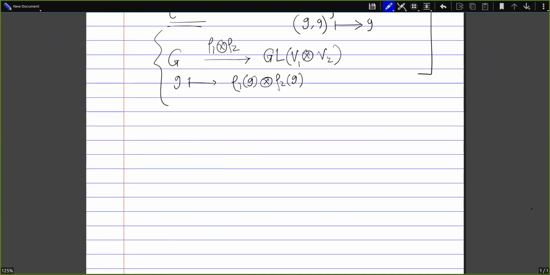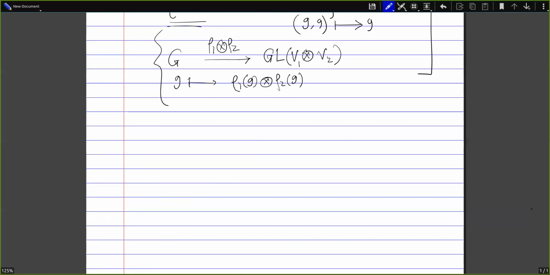And once we have done this, then you know how to decompose a representation of G1 direct product G2, because you have all characters of the direct product.